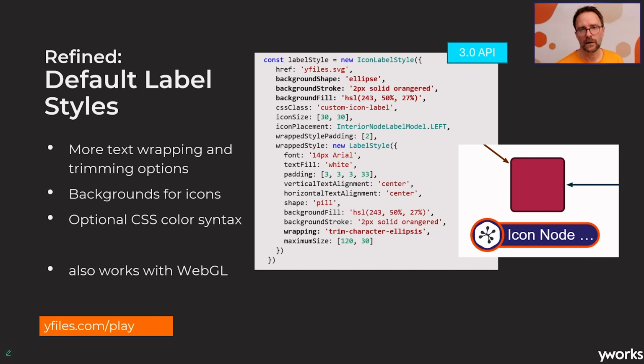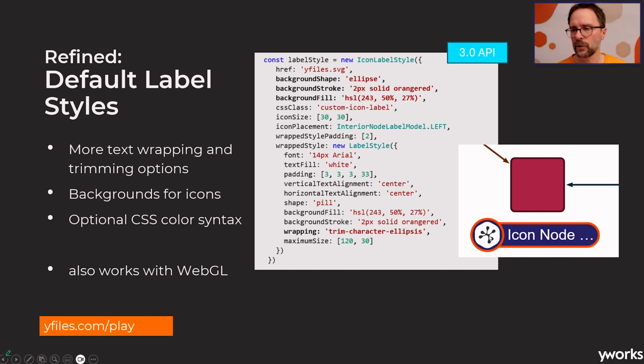The same for the labels. The labels that come out of the box now have an additional property. Something that you could do before already with manual styling now becomes basically a 3-line code change. In this example, we're showing how to add a background shape to an icon. So this is a label over here.